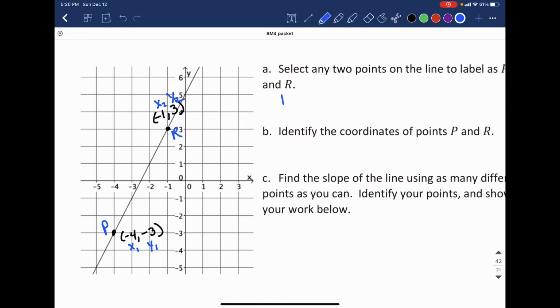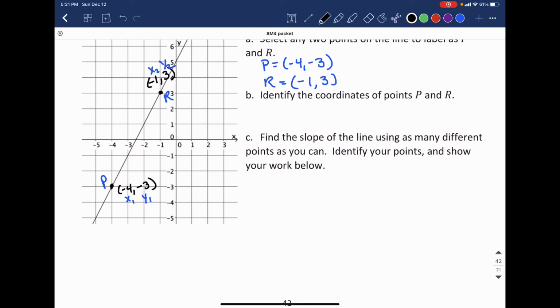So P is (-4, -3), and R is (-1, 3). It wants us to find the slope using as many different points as you can. Identify your points and show your work below.